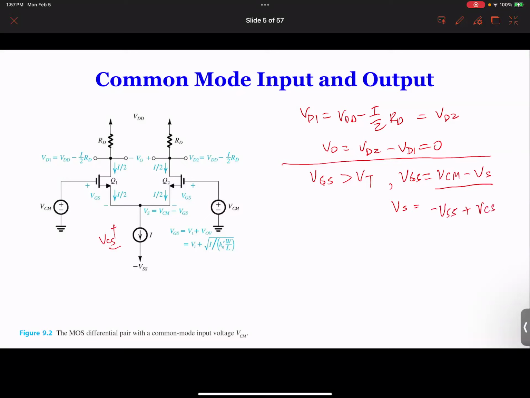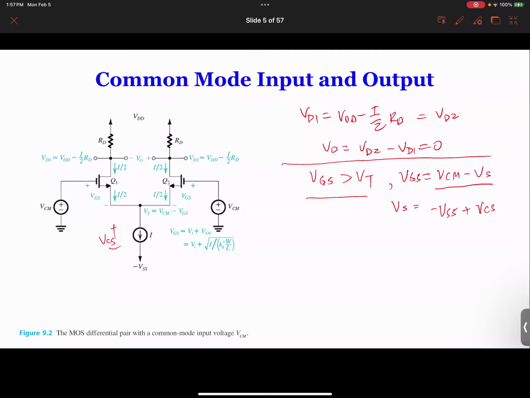So that's what we have. So VCS can be quite a small value, which in this case could be negative or could be positive, depending on what VCS is. But the second condition, VGS larger than VT, can only make sure it's not in cutoff, but it could still be in triode, it could still be in saturation.